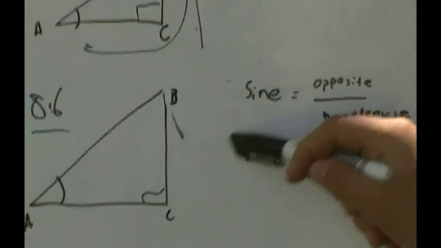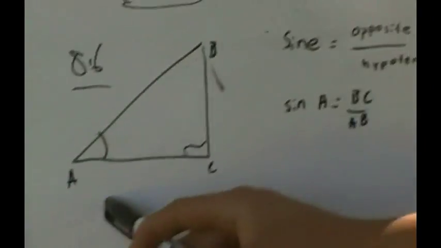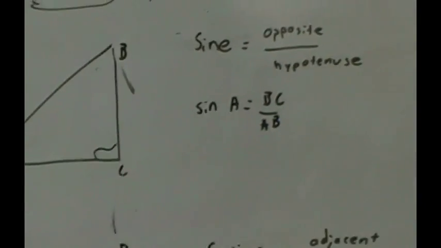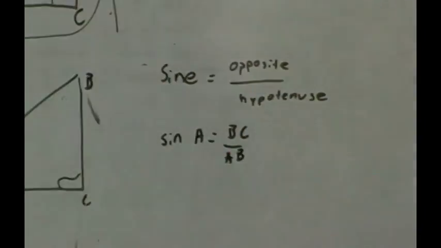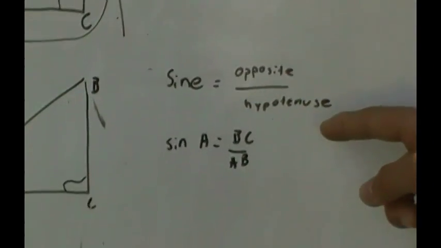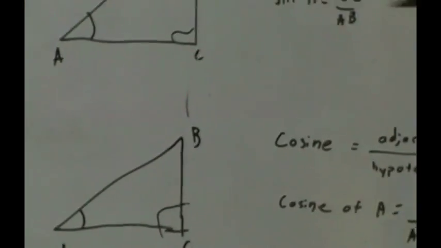And then sine of A equals BC over AB. Sine of a certain angle is the opposite leg of a certain angle over the hypotenuse. Like this.